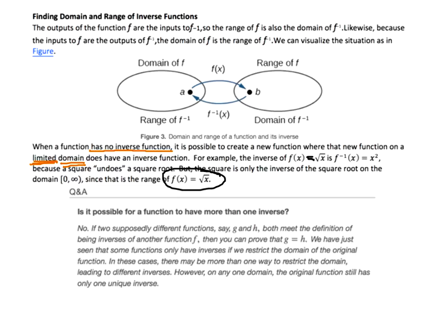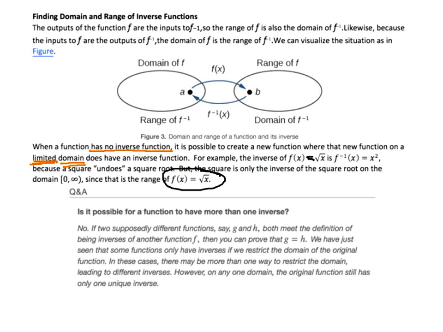I also included this Q&A down at the bottom from your book. Is it possible for a function to have more than one inverse? And the answer is no. If two supposedly different functions, say g and h, both meet the definition of being inverses of one another, then you can prove that they equal each other.